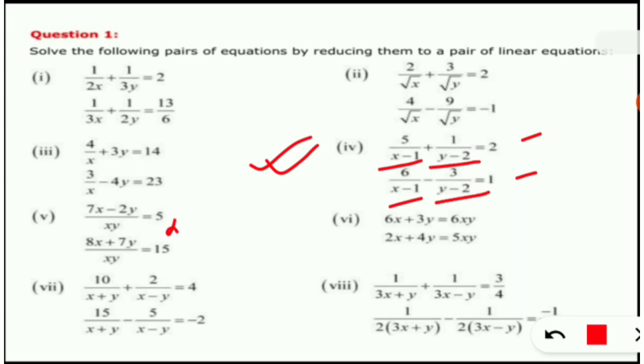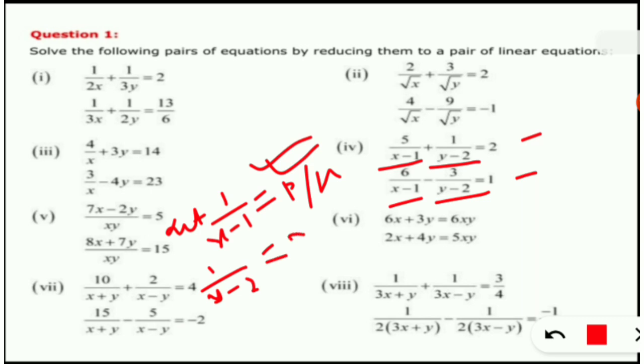So simply let 1 by x minus 1 equal p, or u, any one, and next 1 by y minus 2 equal q or v. Clear? So this is 5p plus q equals 2, and this 6p minus 3q equals 1.